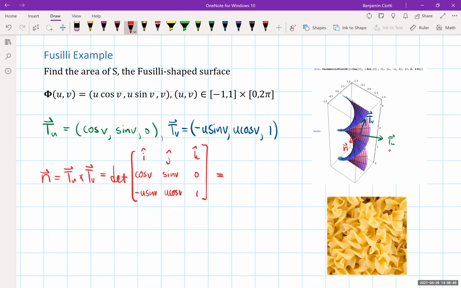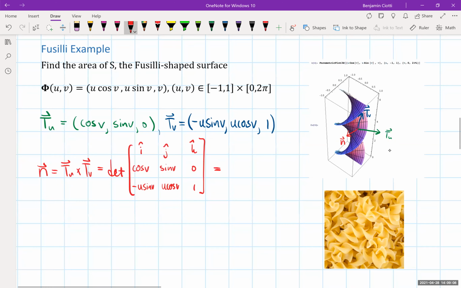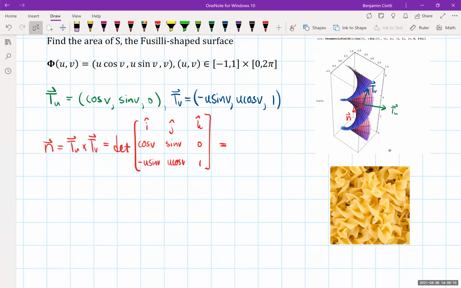Okay, so hopefully you remember how to take a cross product. If you're rusty on your cross products, those are included in the review problem set on the homework page for this class. So I would recommend going back and reviewing those as necessary.